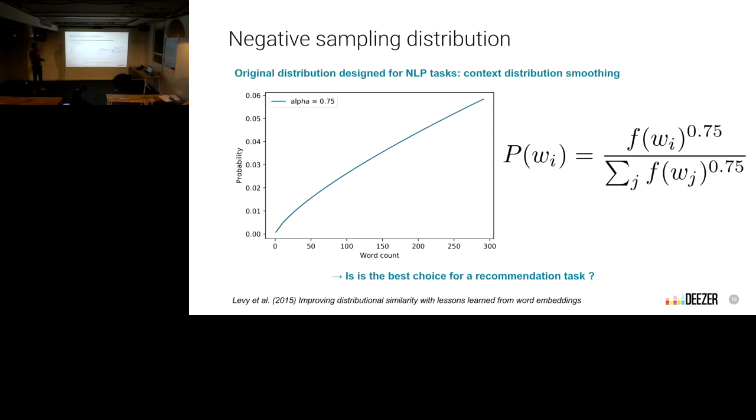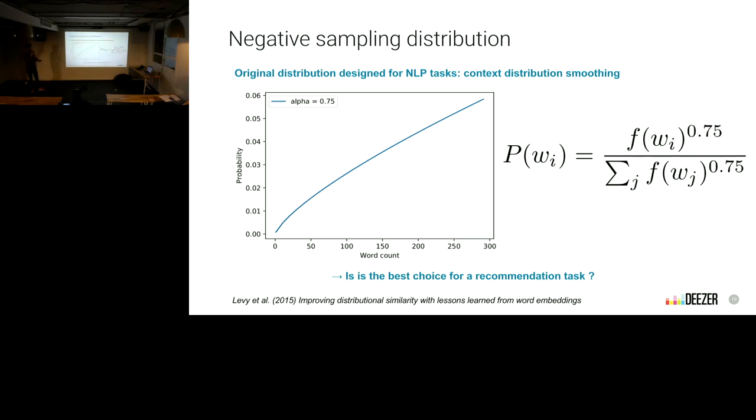But some other parameters, such as the negative sampling distribution, are often not clearly stated as tunable, and were in the first place designed for natural language processing tasks, such as word analogy. In the original paper, they saw that it worked best for NLP tasks, and several different papers confirmed this result.